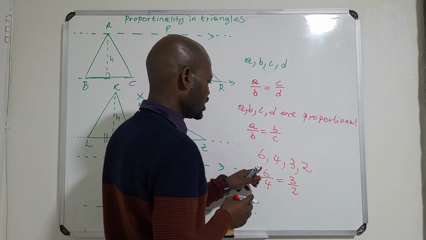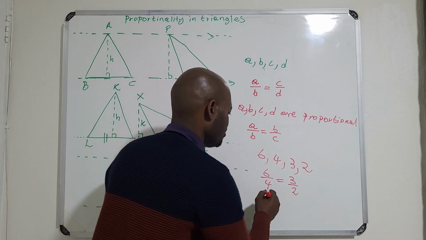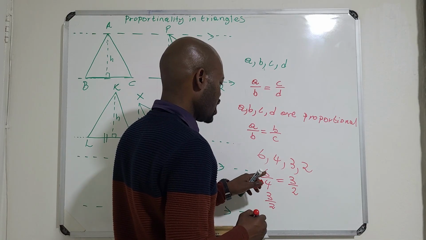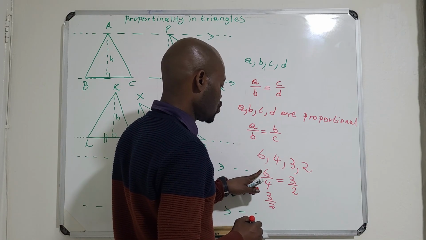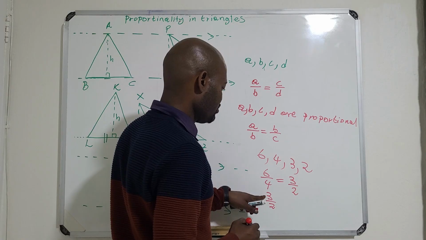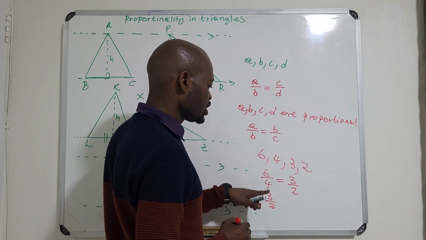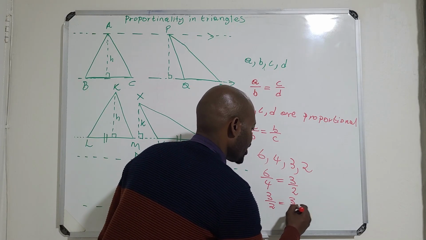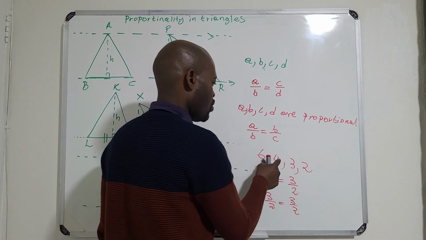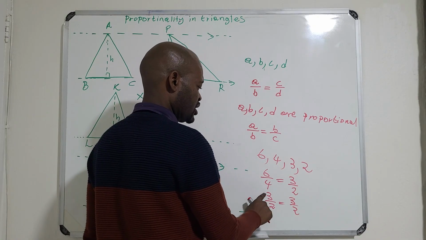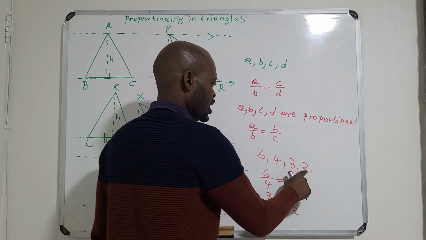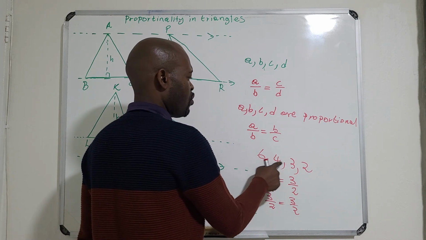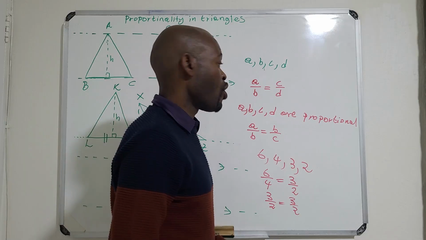Yes. How many times does 2 go into 6? 3 times. How many times does 2 go into 4? 2 times, which is 3 over 2. Therefore, 6 over 4 is the same as 3 over 2. Therefore, these numbers 6, 4, 3, 2 are in proportion.